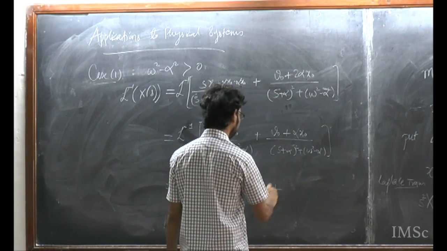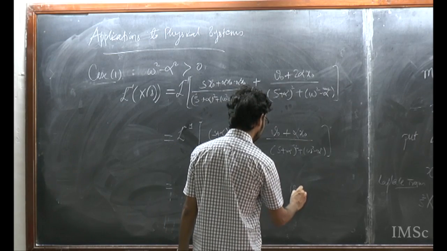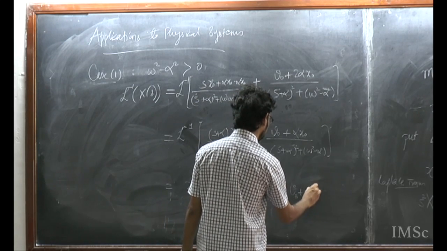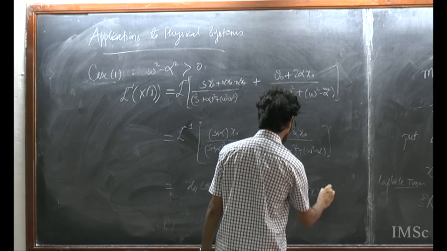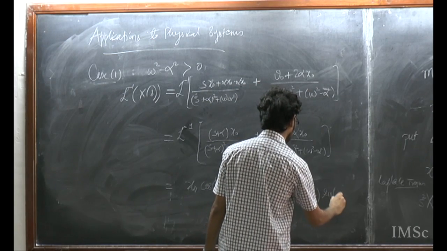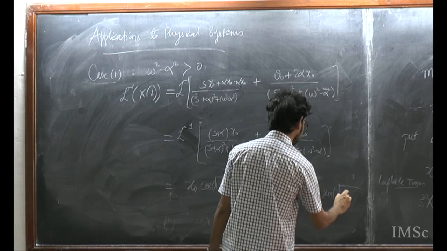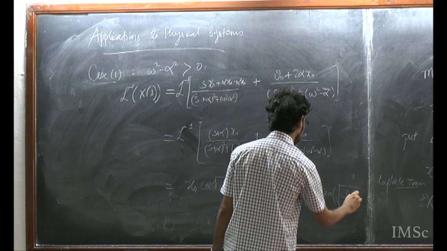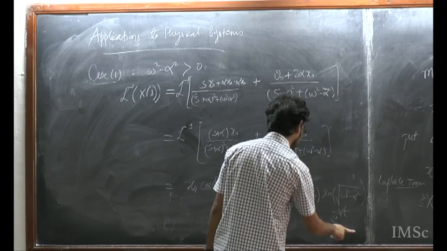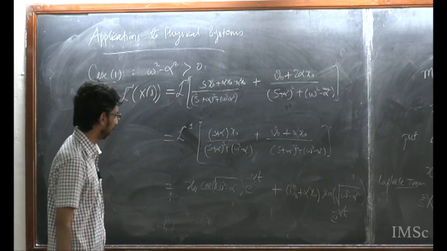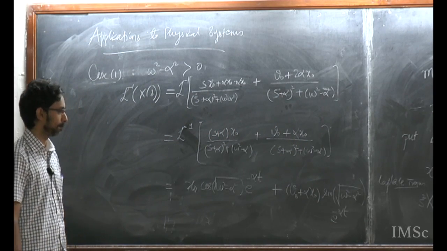Second term is v naught plus alpha x naught, divided by square root of omega square minus alpha square, sine of square root of omega square minus alpha square t, times exponential minus alpha t.